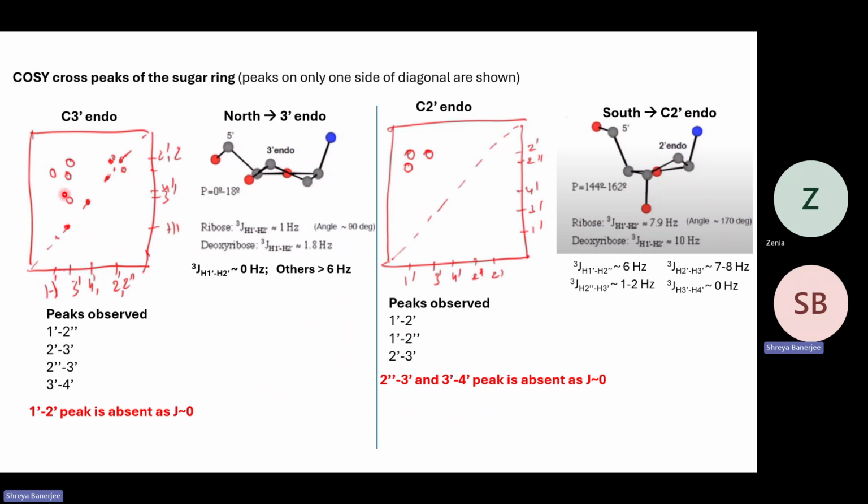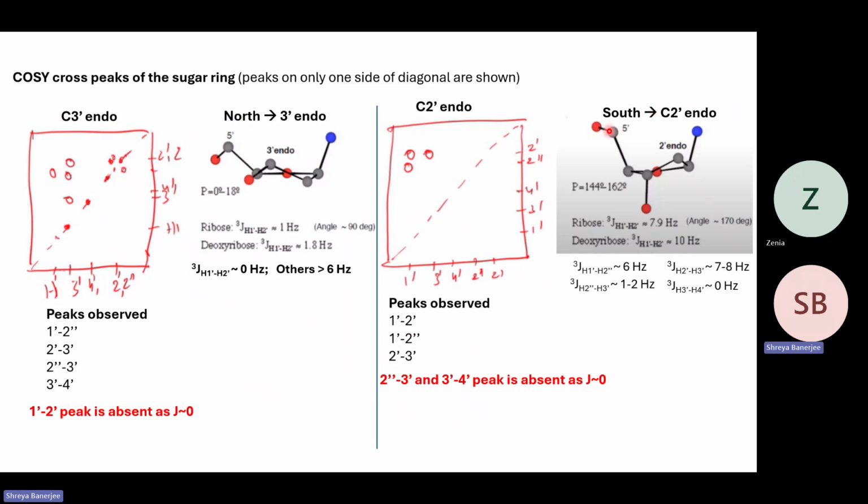Then you have 2' to 3' and 2 double prime to 3', that is these two peaks. So these are the peaks. Out of the 5 possible peaks, you will observe 4. One will not be observed since the coupling is 0.